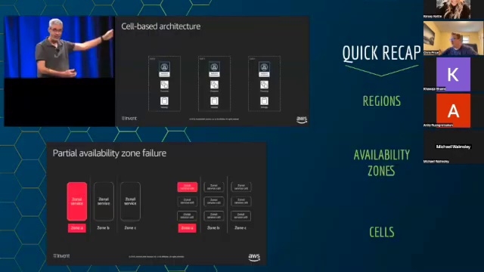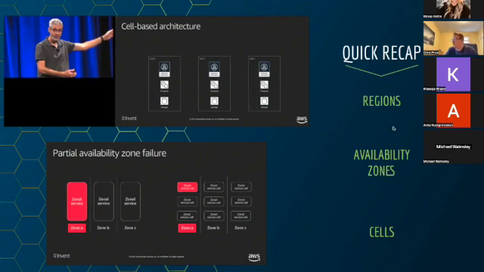And what he talks about in his talk has to do with the different levels of isolation or fault tolerance that the services inside of AWS use to try to minimize the blast radius when a problem occurs and guarantee as much uptime and availability as possible to all their customers.